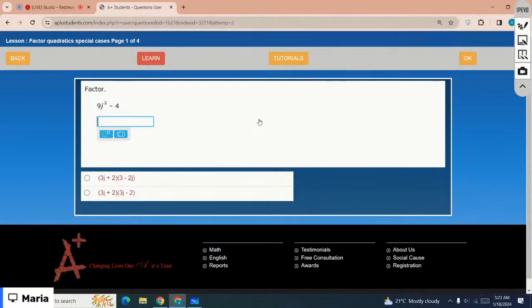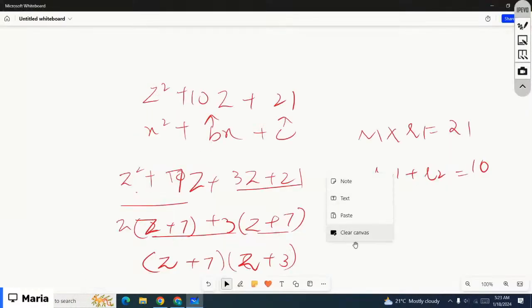Okay, I'm going to write the formulas on the board.